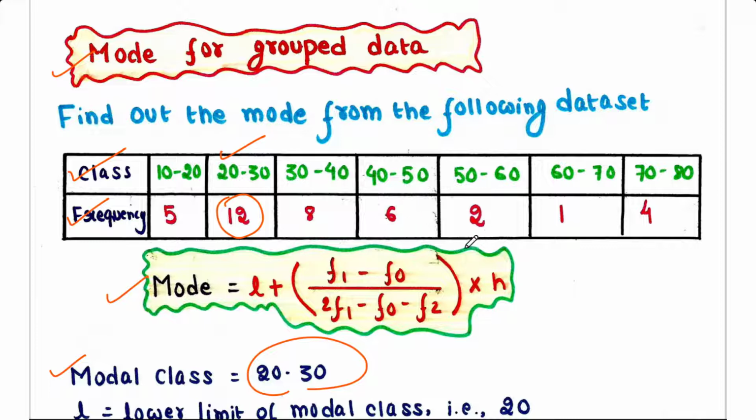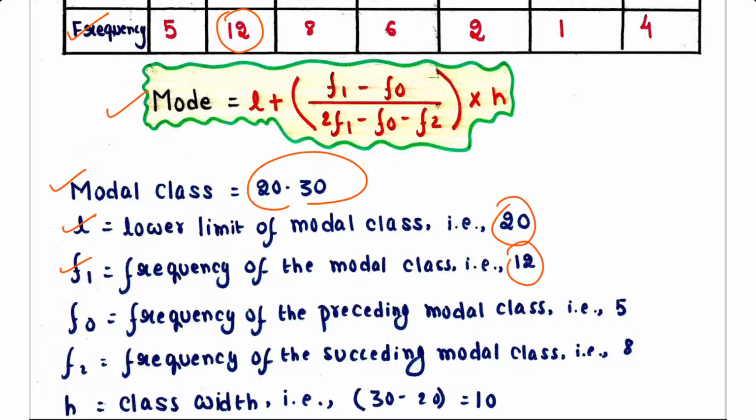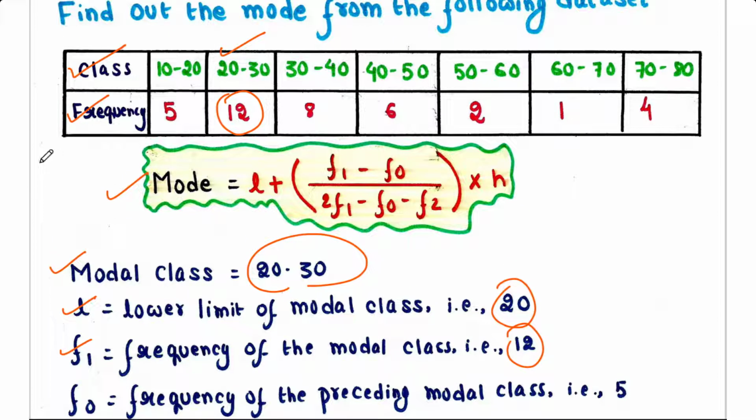Compared to others, now L is equal to the lower limit of the modal class, that is 20. F1 is equal to the frequency of the modal class, that is 12. We can find it in this table that 12 is the frequency of the modal class. F0 is the frequency of the preceding class, that is 5.